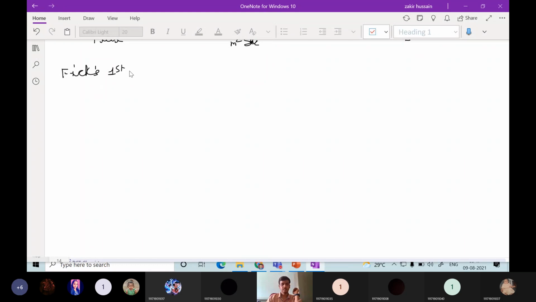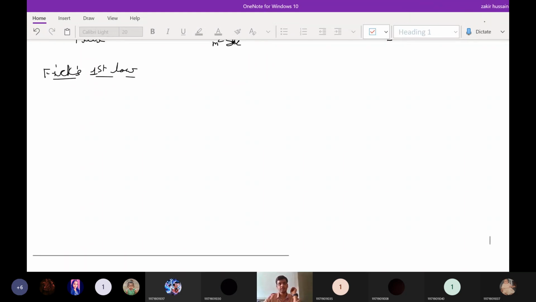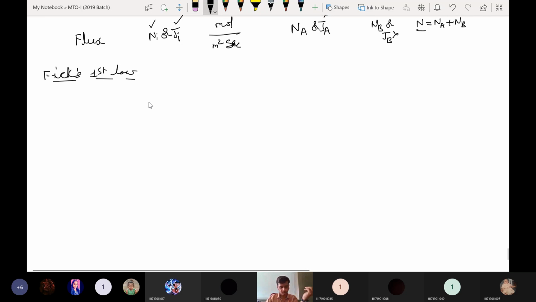According to Fick's first law of diffusion, flux is directly proportional to the concentration gradient, dou CA by dou x or dou y or dou z, whatever it may be, for component A. We can write this as JA, and dou Ci by dou z is common.